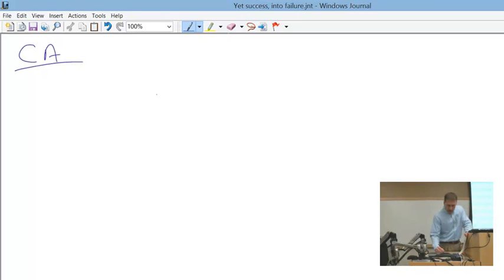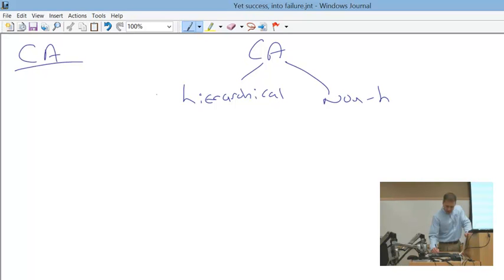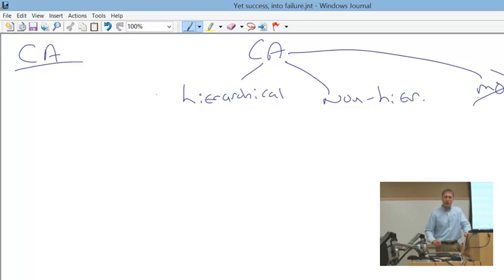So if I had cluster analysis here, there are 3 different ways to do cluster analysis. There's hierarchical, there's non-hierarchical, and then there are what are called model-based approaches. We do not do model-based approaches in our class.